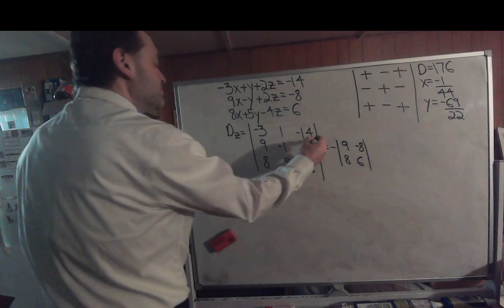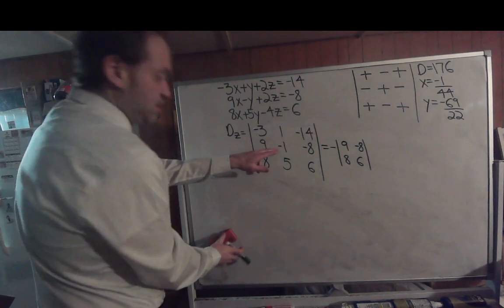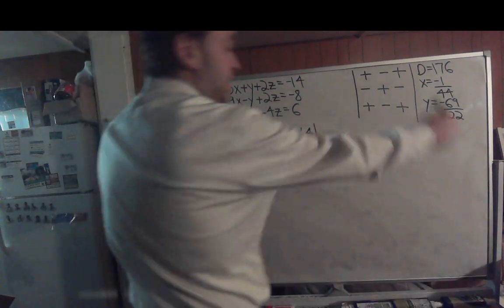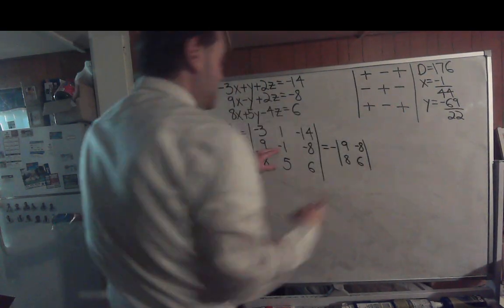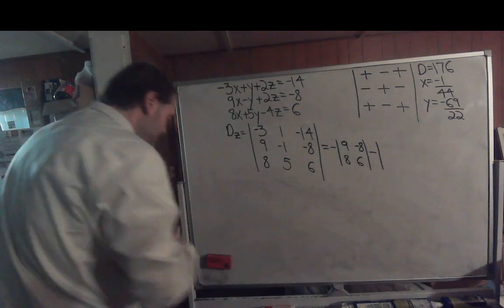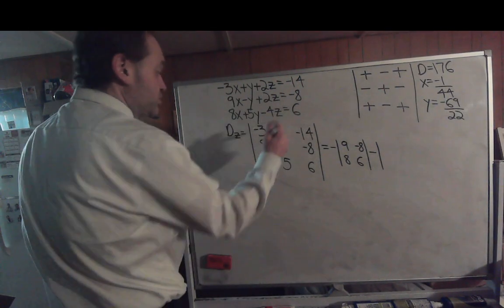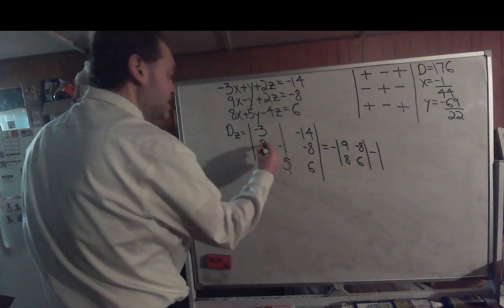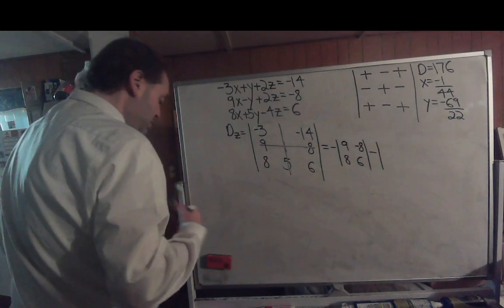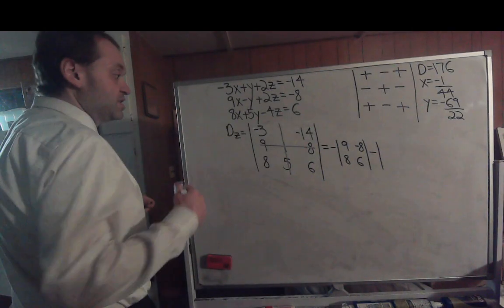All right, so the second entry in the second column is a negative 1. According to my coefficient matrix, I need to do positive negative 1, so that'll be minus the next determinant that's left. So still, strike out that second column, but this time the second row, which means the resulting determinant is going to be negative 3, negative 14, 8, and 6.